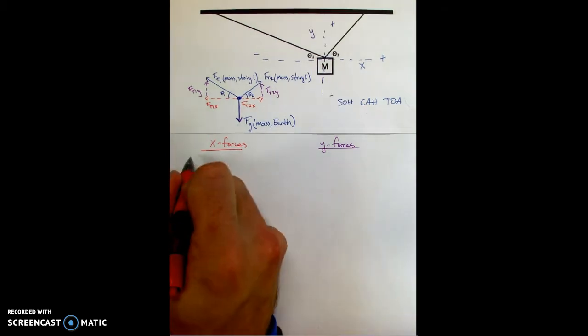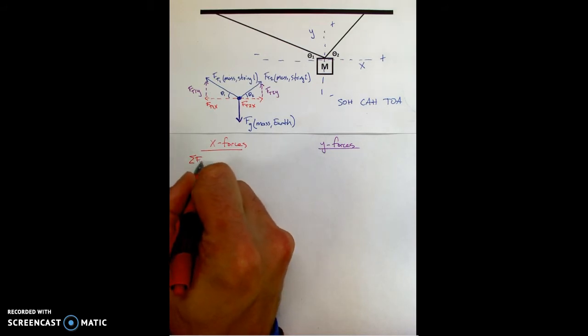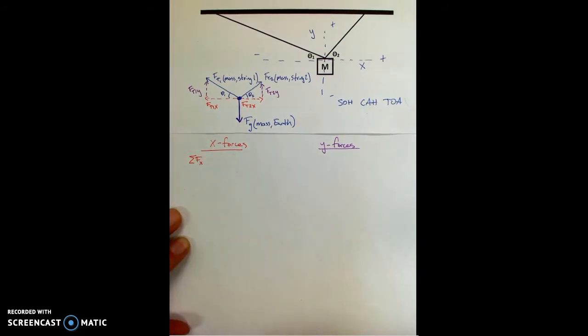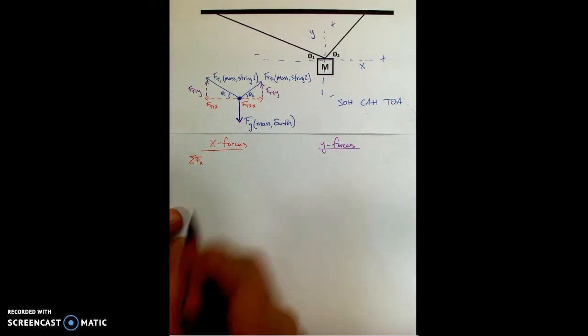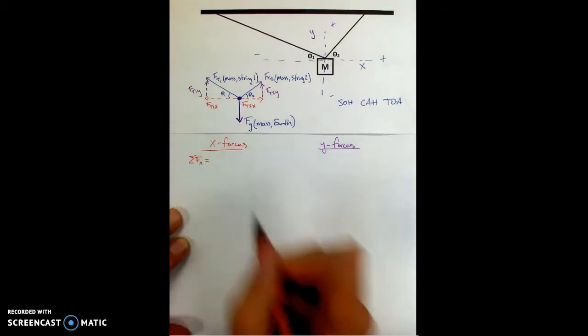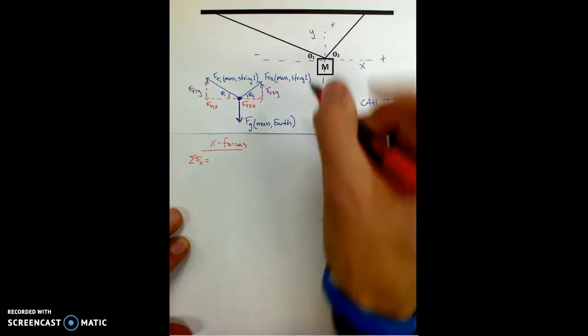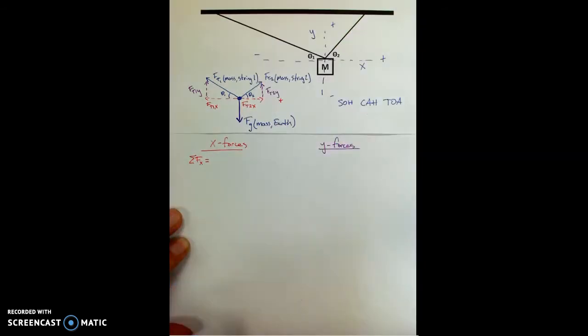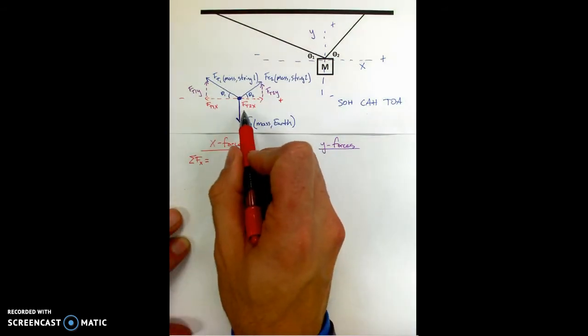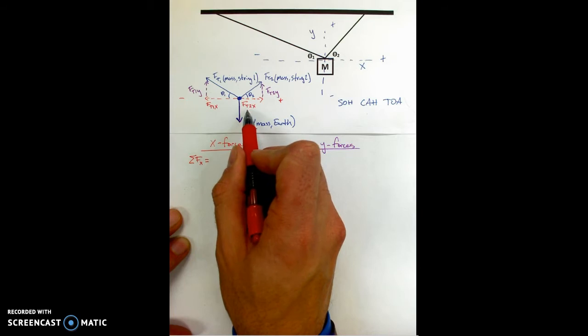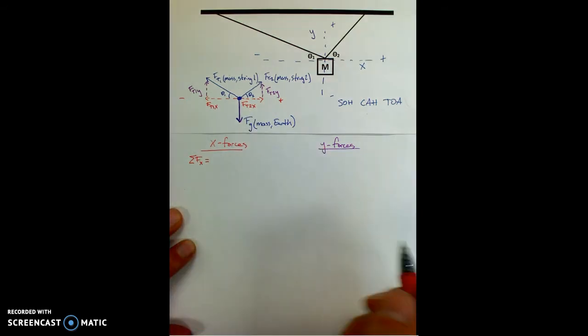So for my net force equation, I'm going to say the sum of all the forces in the X direction, or essentially our net force, is equal to, and as I look at my force diagram, I see that going to the right is positive, going to the left is negative, so the X part of the second tension is going positive.